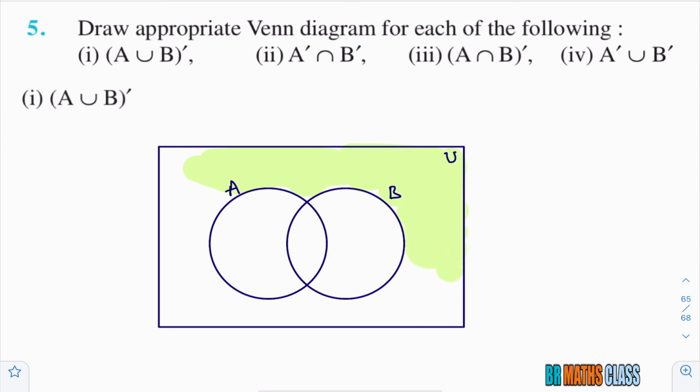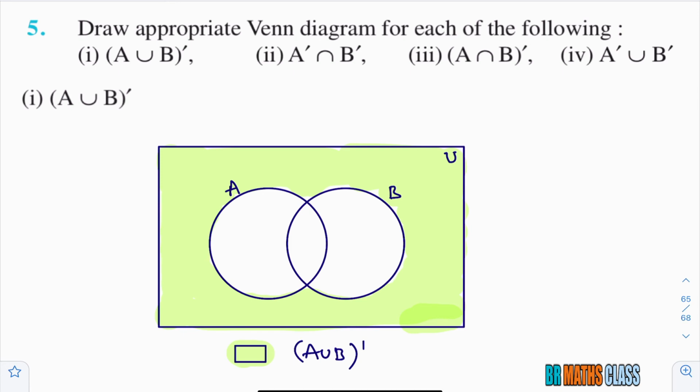This is not A union B. It is very easy to say which one is not A union B, right? So, this green color part is not A union B. I hope you understand this. So, what I'll do here, I'll draw one small box, and whatever the color is there, that color is nothing but A union B whole dash.